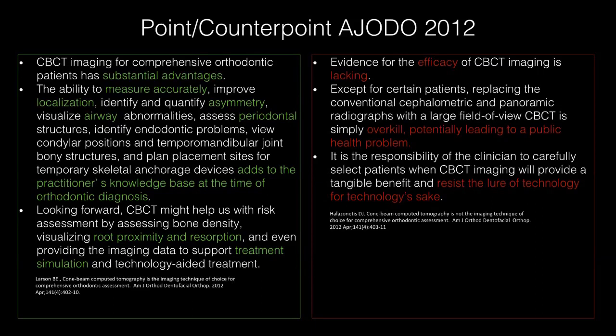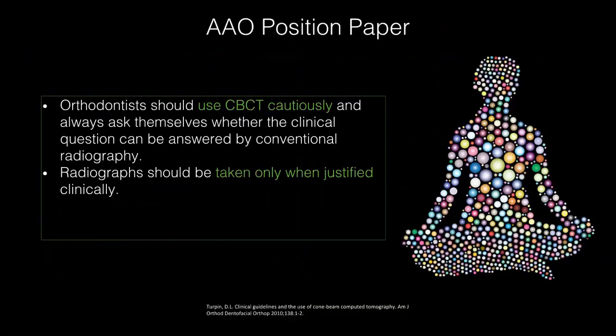And I think it was about that time that ultra-low dose technology came out. It wasn't too much before that the AAO released a position paper saying that we should use CBCT technology cautiously and that we should only use CBCT when it's justified clinically.